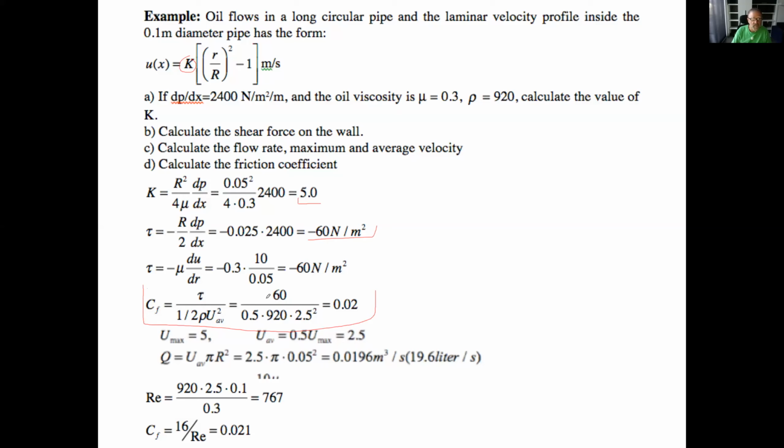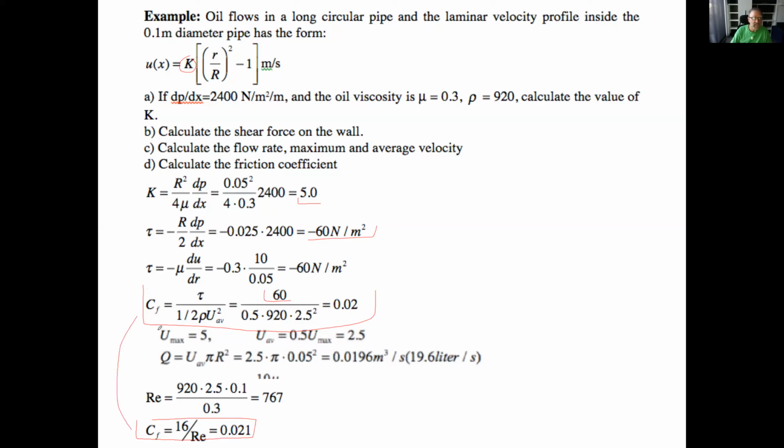CF is 16 divided by Reynolds, that's one way of doing it. Or just go by the original definition. So we solved for tau, and then half rho v square, and that number. It should be the same thing, okay?